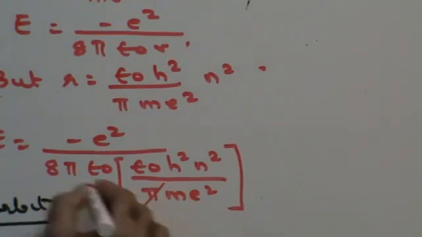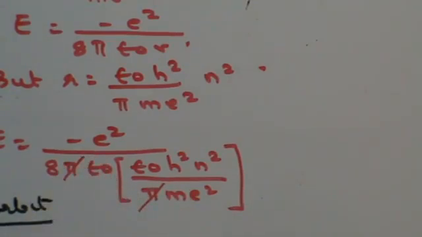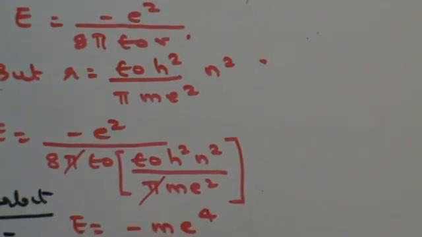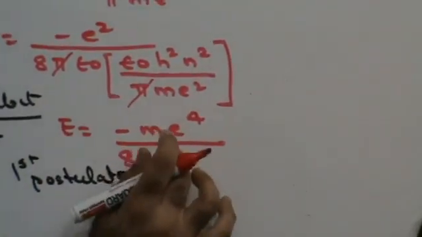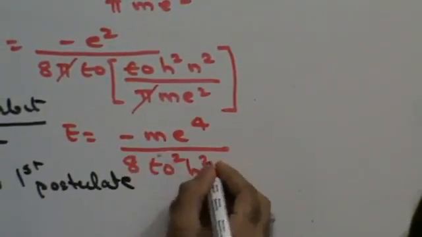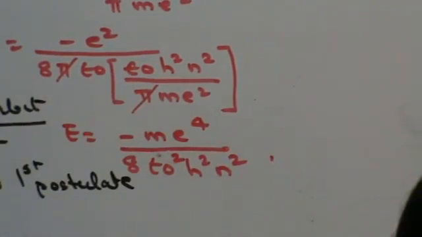Right? Pi and pi get cancelled. So the total energy is going to be minus m e4 upon 8 epsilon 0 square h square n square.